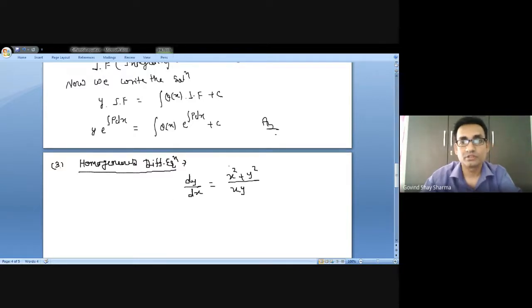Here we see each term has the same degree. x degree 1, y degree 1. Each term has the same degree.